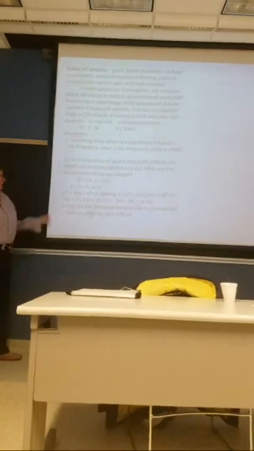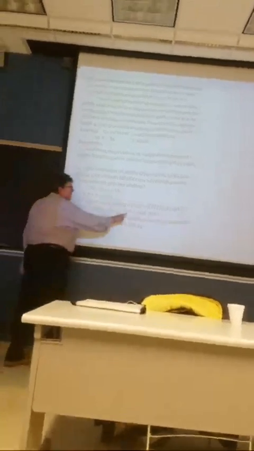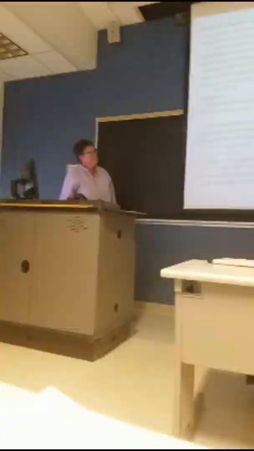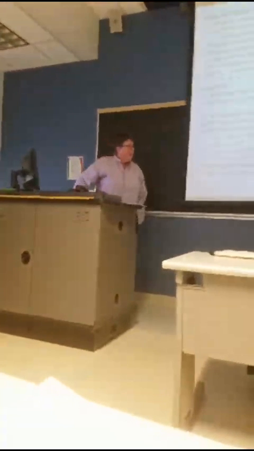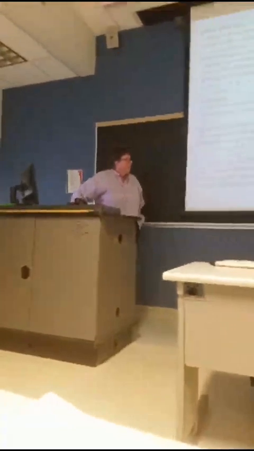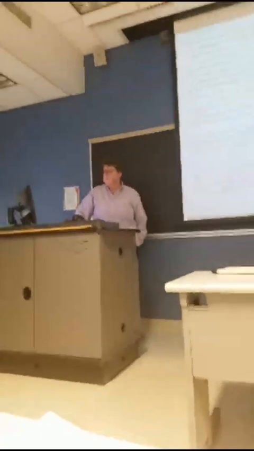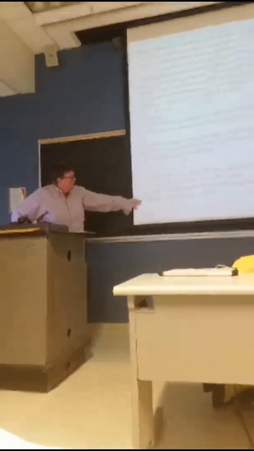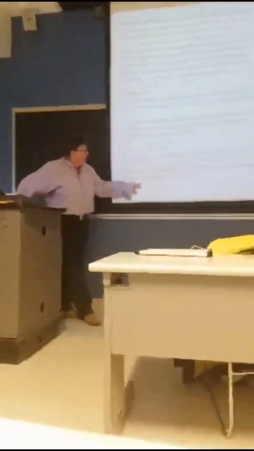So this would say 36% of them would be homozygous dominant, 48% of them would be heterozygous, and 16%, I forgot the dot, 0.16 would be the homozygous recessive. So there they are, right? So that's how you work them.